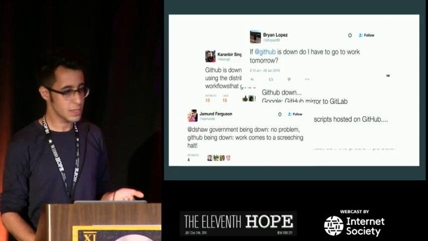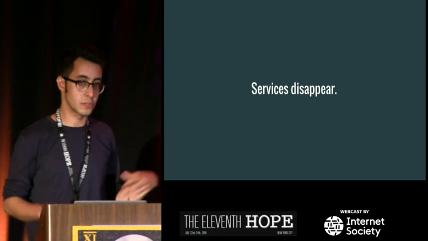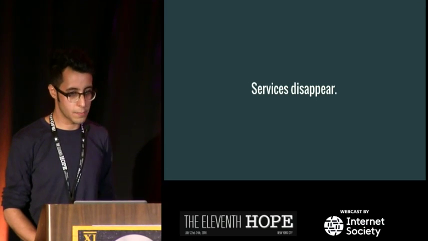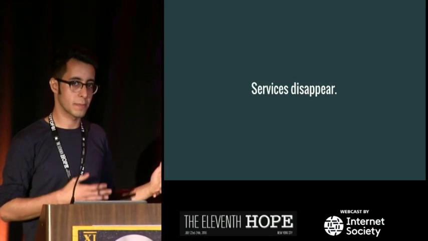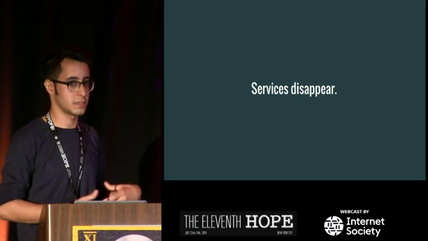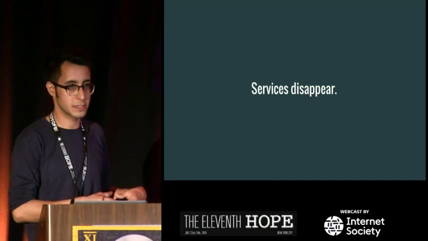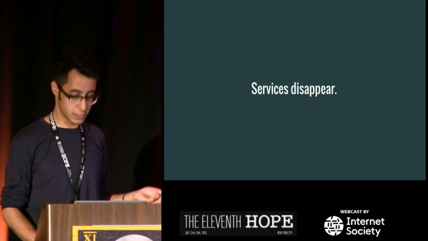In addition, some services disappear, like Google Code, which is discontinued, and Gitorious, which no longer exists. With these two cases, we were lucky because there were projects and ways in which we could retrieve the code and migrate it to something else, mostly GitHub. But we might not be lucky in the future.